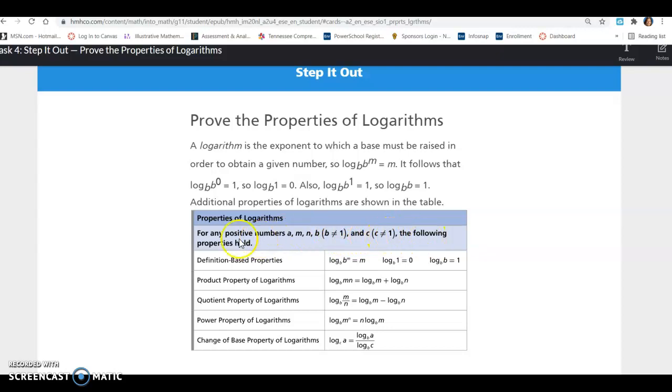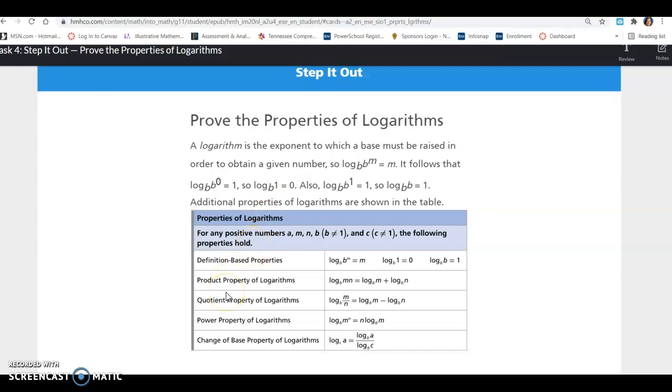So the following properties hold. So the definition-based property, so that's the ones we talked about. Log base b of b to the m equals m. Log base b of 1 is 0. And log base b of b equals 1. Okay, so that's kind of what this up here is explaining.